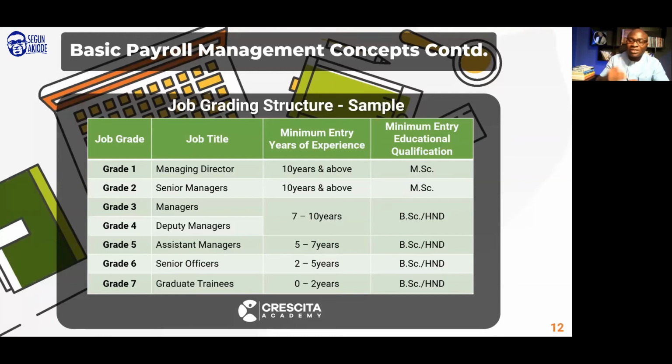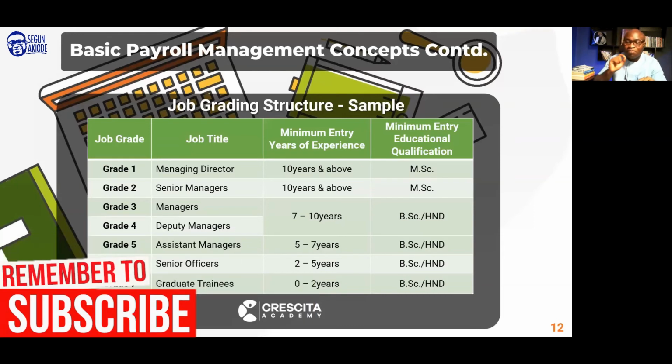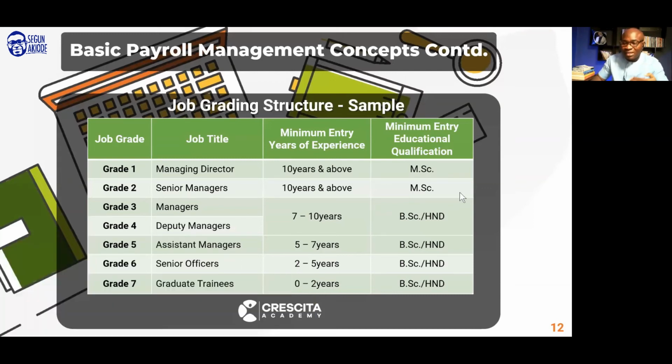Now, if you start to add salaries, what we call pay bands, minimum entry salary, midpoint, and maximum to each of these grades, what you're seeing, a job grading, now translates into what we call a pay structure.